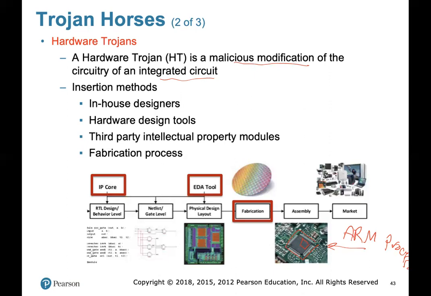I am trusting the ARM company, or I am trusting the Intel company, or the other hardware developing companies. The problem is, it is not like 10 years ago or 20 years ago, when you bought a chip from Intel, everything was developed and fabricated by Intel itself.